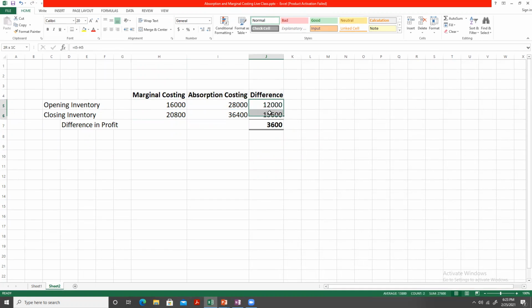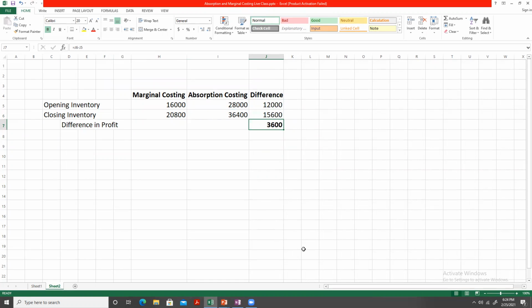I took the difference in the inventory figures, and then I took the difference of the differences of the inventory figures. The difference in profit is the difference of these two, a difference of differences. So 3,600 is the difference in profit.